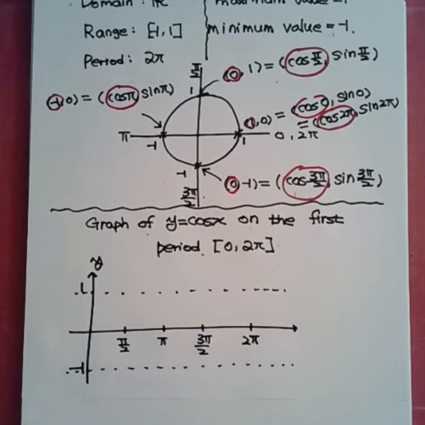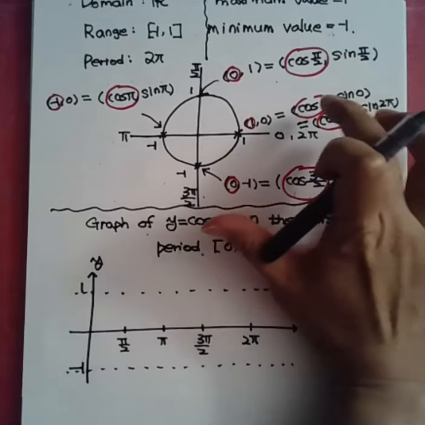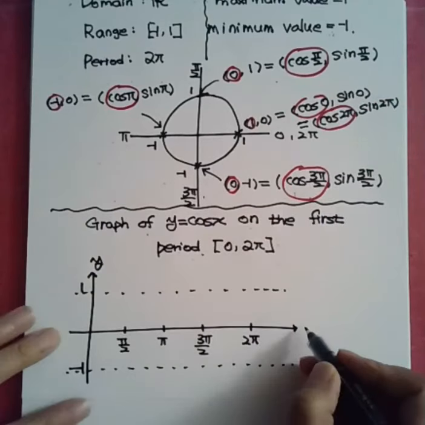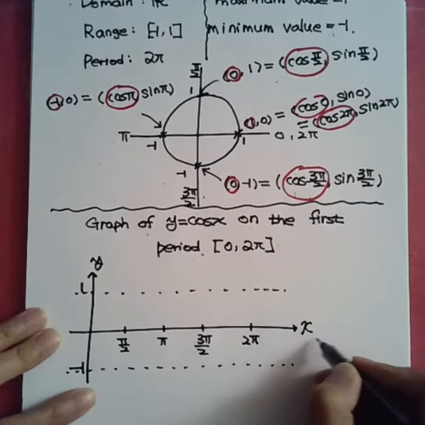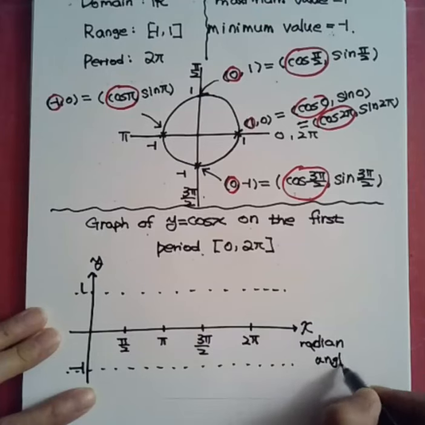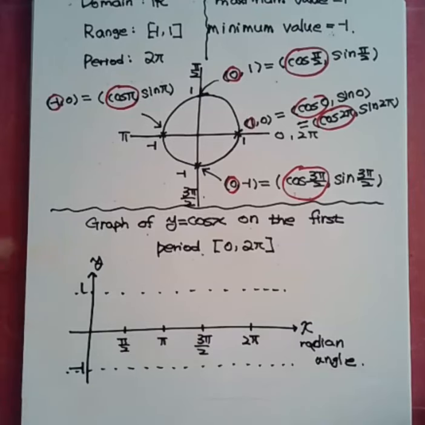Again, as in the sine function, x is the radian angle, and y is the cosine value.